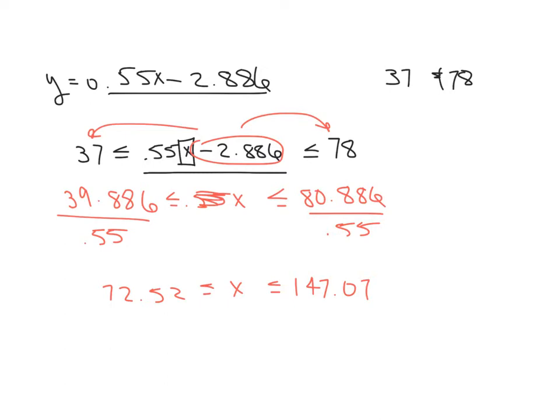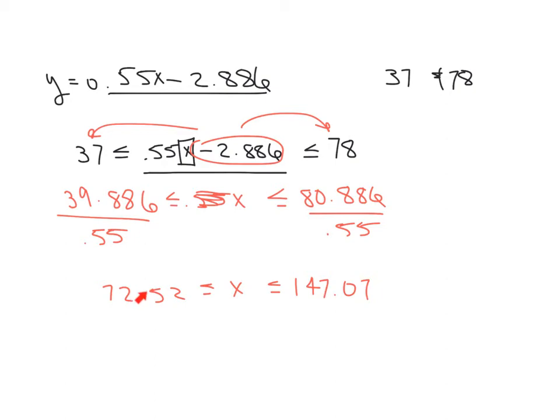That if the judge wants the criminal to be in prison somewhere between 37 and 78 months, with parole and good behavior and all that other garbage, then the judge needs to sentence this bad guy for between 72.52 months and 147.07 months.